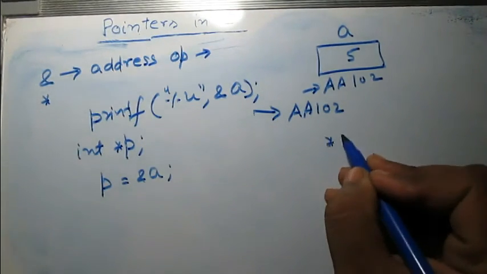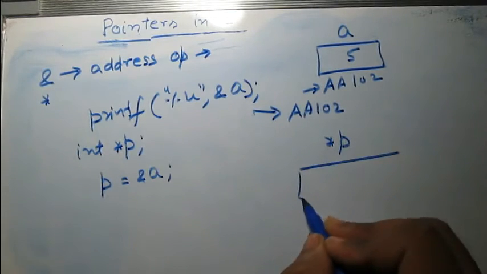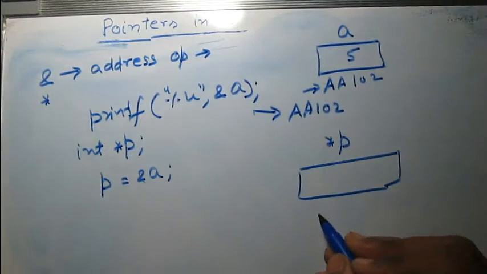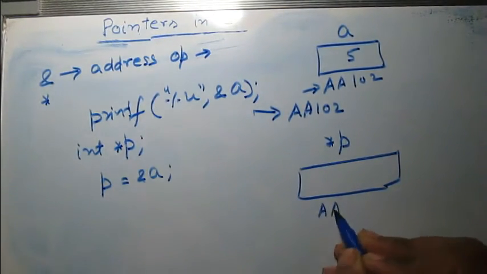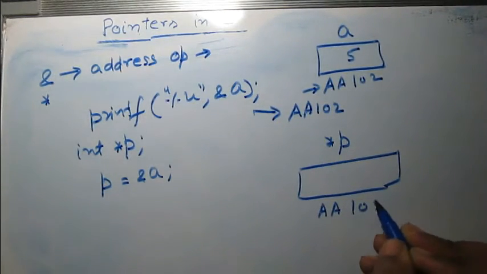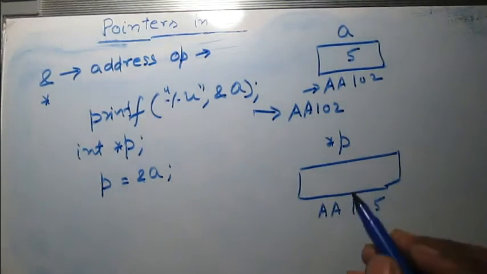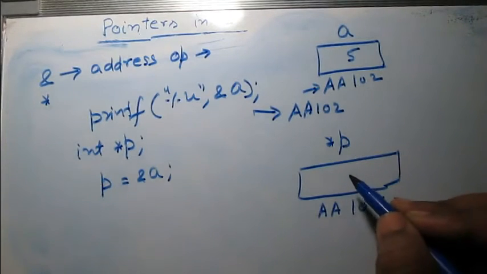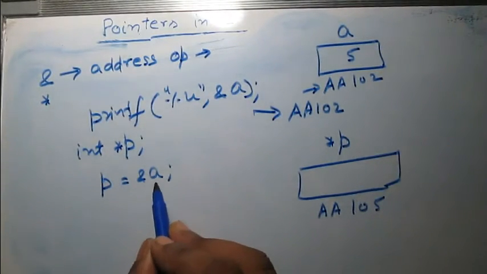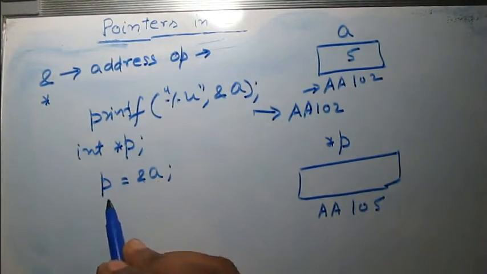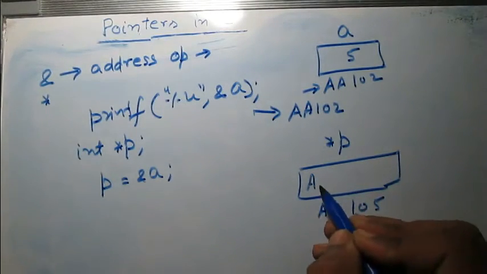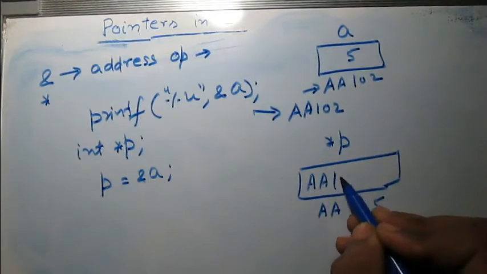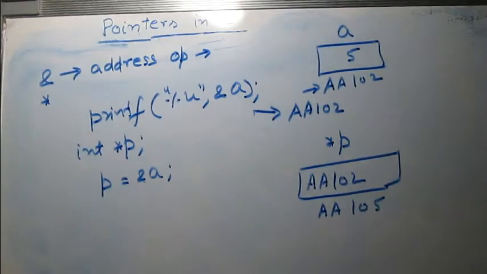Now p is a pointer variable, and this pointer variable will have its own address. This variable is capable of storing an address, and I am storing the address of another variable into this. So this will be storing A101, right?